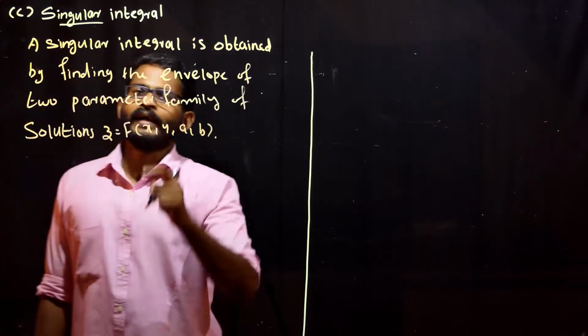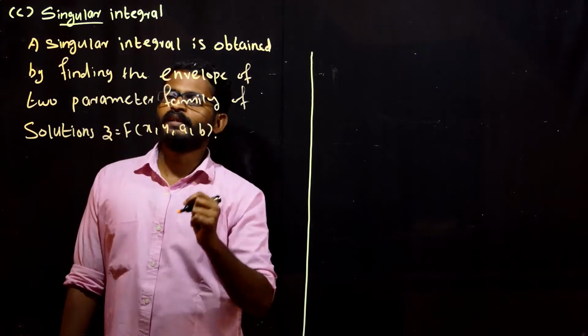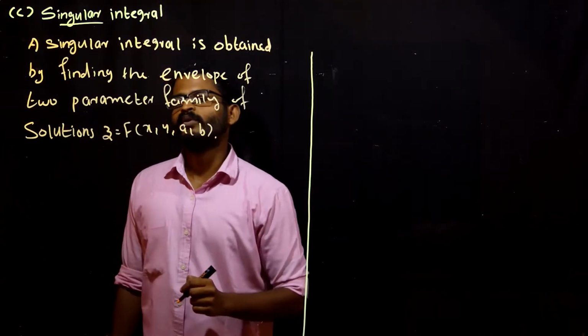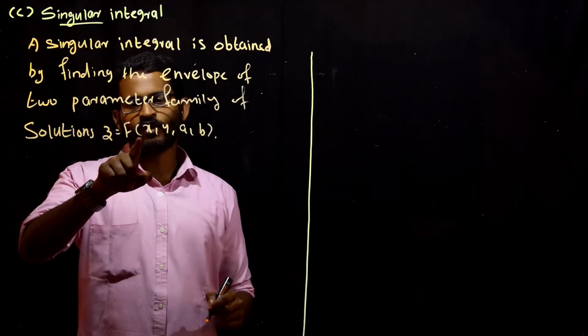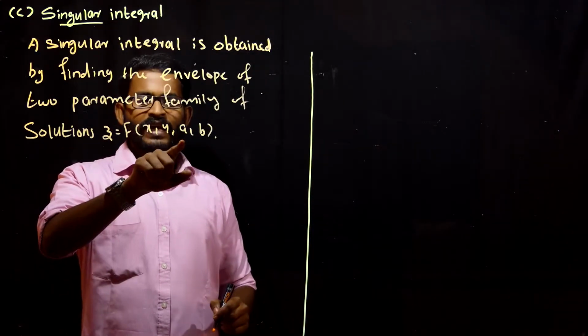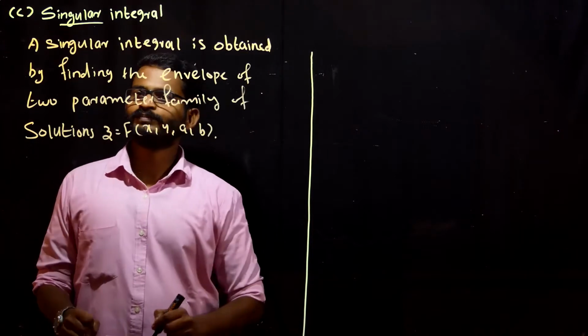That is, a singular integral is obtained by finding the envelope of the two parameter family of solutions z is equal to f of x, y, a, b. Here a and b are two parameters.